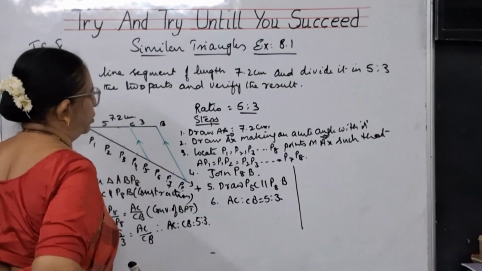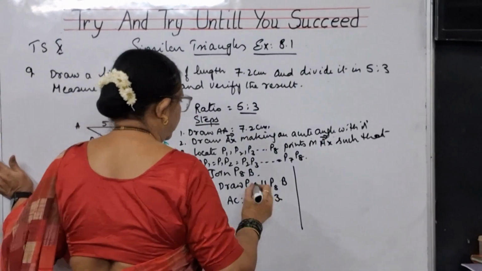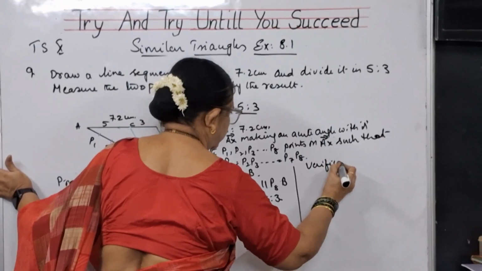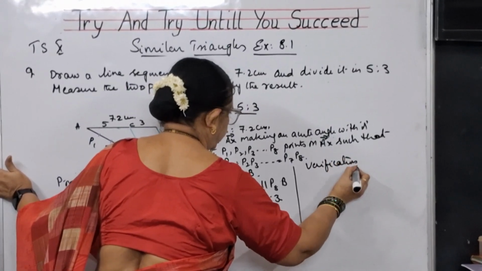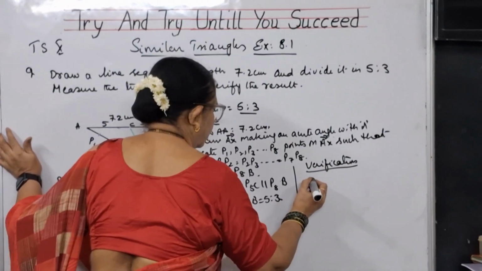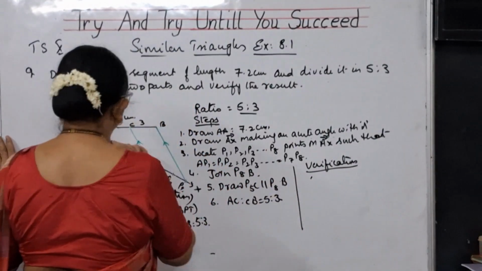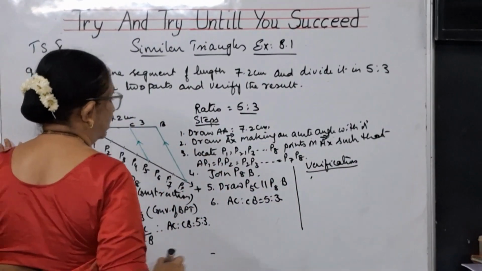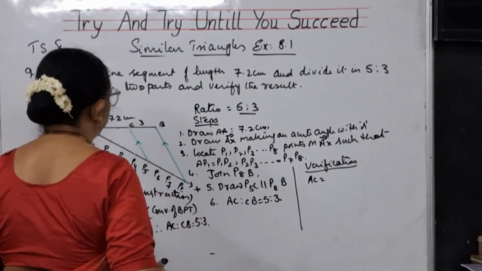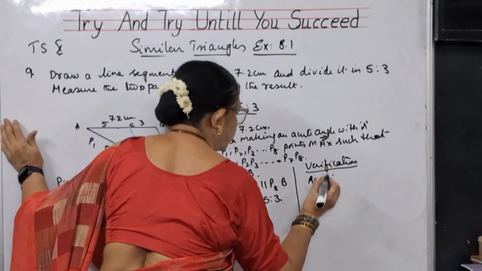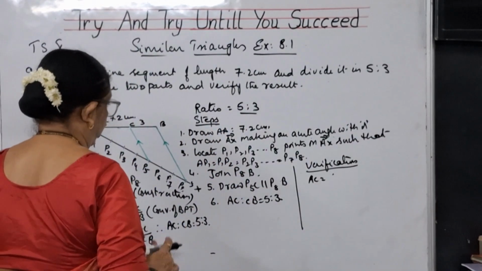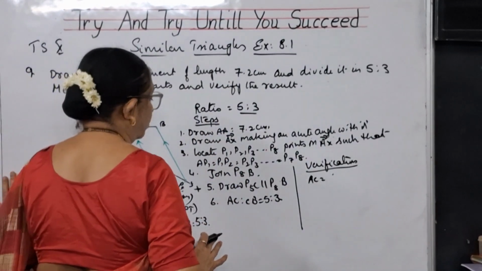First measure the 2 points and verify the results. So first verification I am doing. First you need to find out AC. 5 is to 3, 5 plus 3 is 8 you have got.